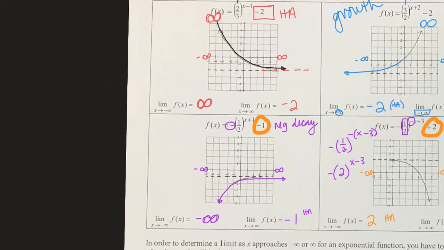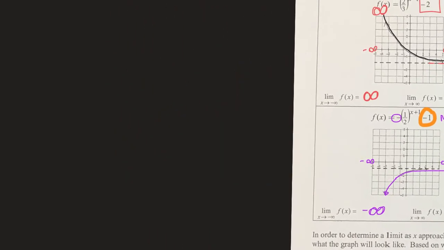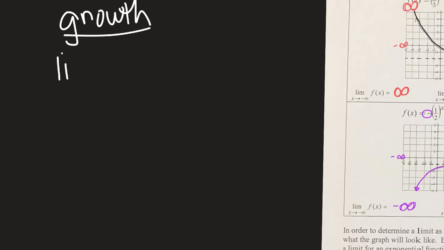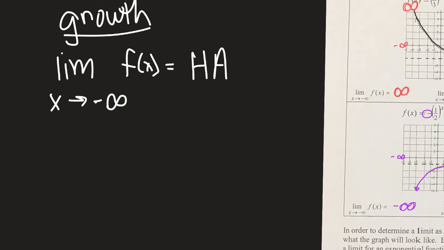So here are our general statements that we want to get from this whole exercise. If we have an exponential growth function, and we're taking the limit as x approaches negative infinity of our exponential function, the answer will always be the horizontal asymptote of that function.